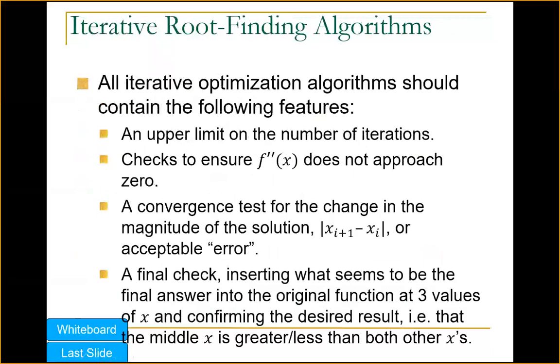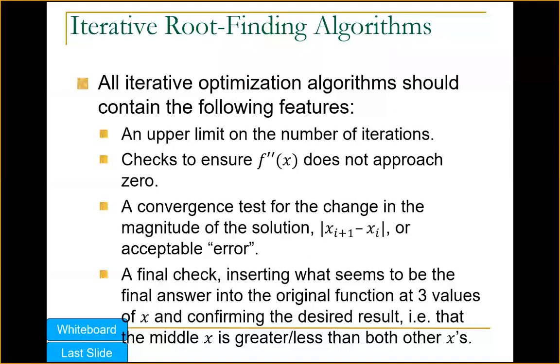Also, the same procedures apply when you're writing the code. You must say don't go over 100 or 1,000 or 1,000,000 iterations. It all depends on what you're looking for. If you reach 100 iterations, say, boy, we're not reaching an answer, so stop the procedure and report that no solution can be found.